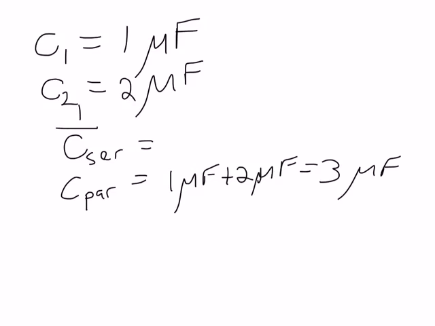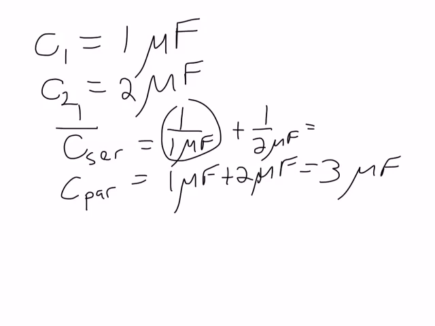The one in series I've actually got to do in reciprocal. So I like to write it like 1 over C series equals 1 over 1 microfarad plus 1 over 2 microfarads. Well, this is 1 times 10 to the 6th, 1 over farads, and this is 1/2 times 10 to the 6th, 1 over farads. Or if you prefer, 1 over microfarads plus 1/2 over microfarads.